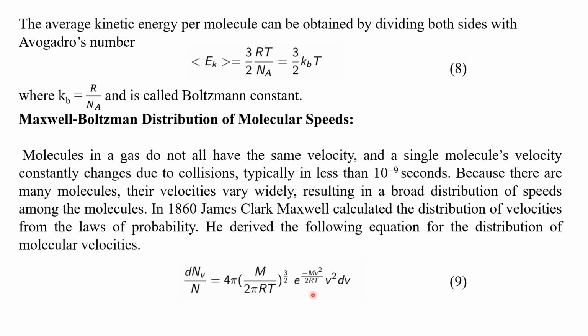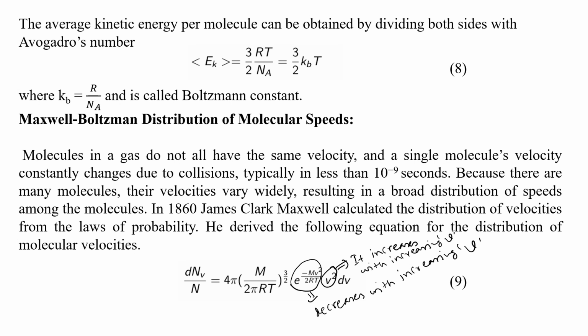If we plot the number of molecules versus this expression, it has one term, this one, which decreases with increasing velocity v, and the v squared term, which increases with increasing v or velocity.